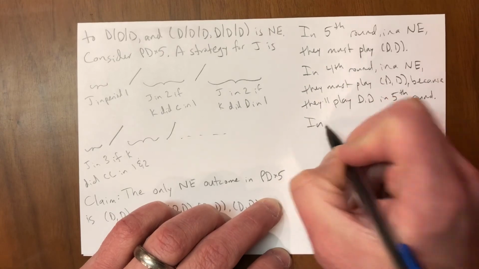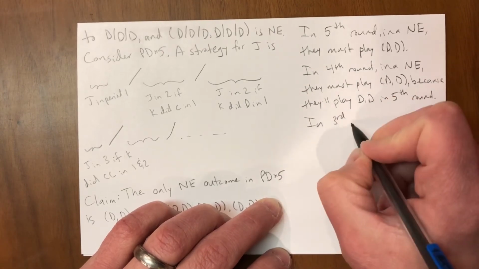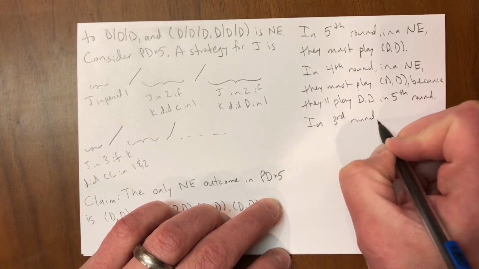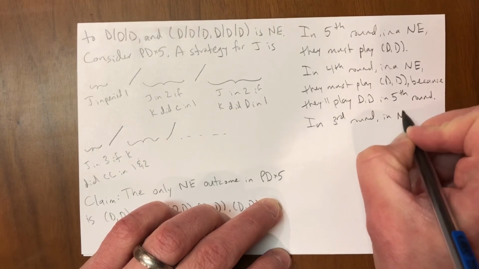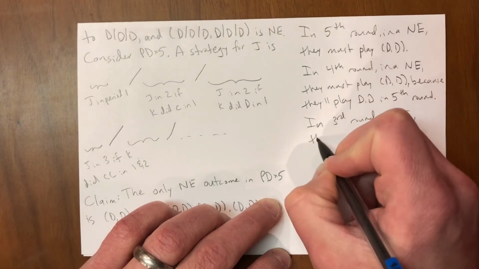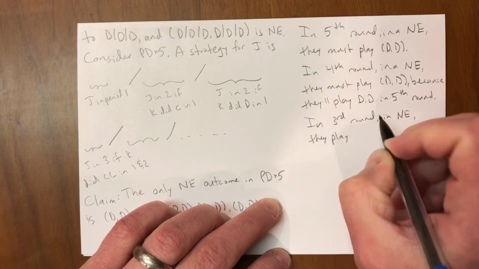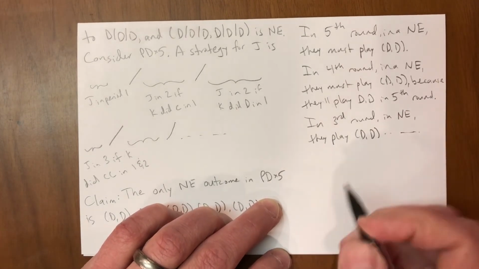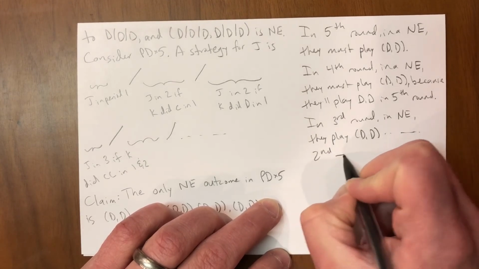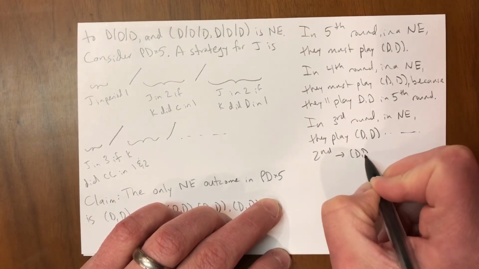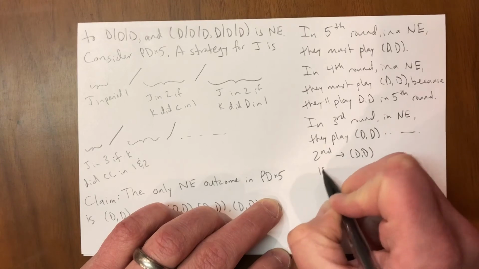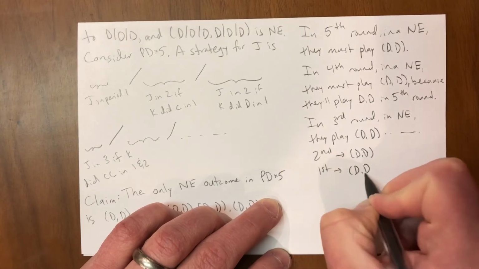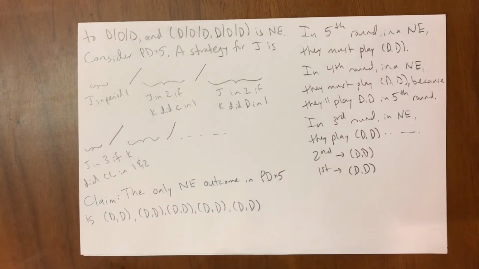Of course, we can just keep this going. In the third round, in a Nash equilibrium, they play DD, and so on. The second has to be DD by the exact same logic. And in the first round, they have to play DD.